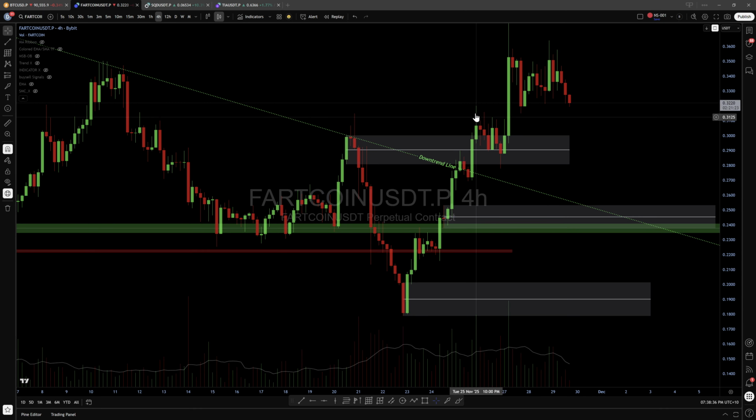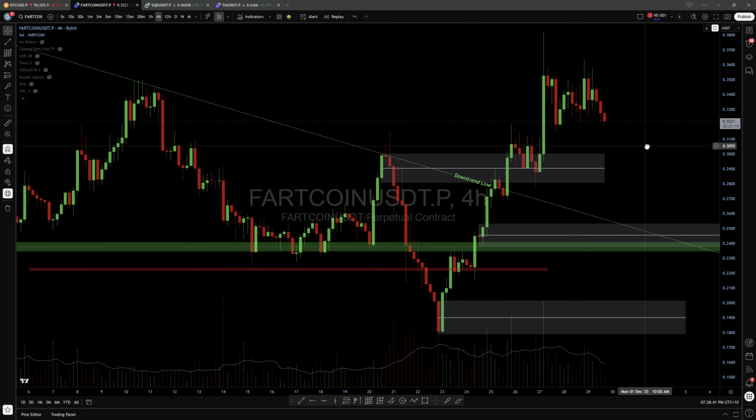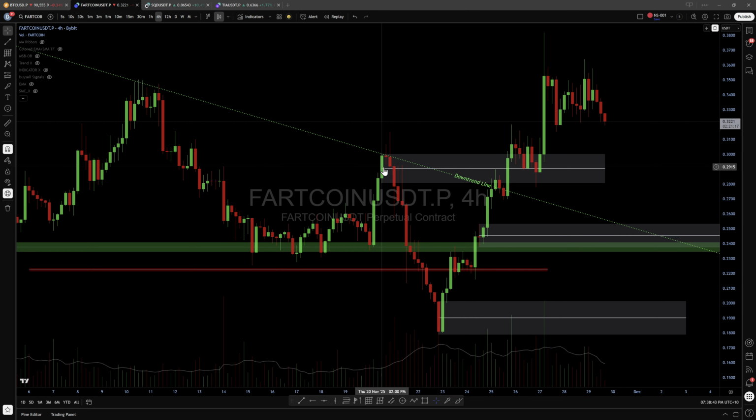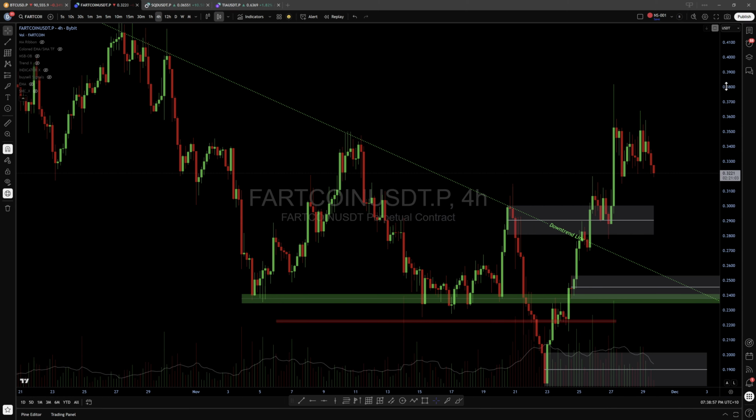But that didn't happen. Instead, it had the breakout and then it had a nice wick right on this. This was a bearish order block if price would have hit here and then rejected. But instead it got above it. It broke this order block and got above it and then had this big candle. So this was really nice looking when it did that, when Fartcoin broke out.